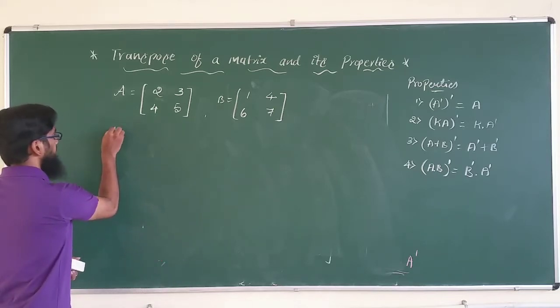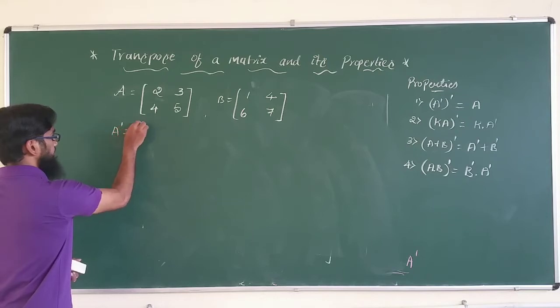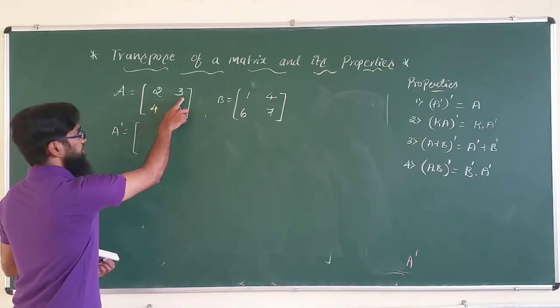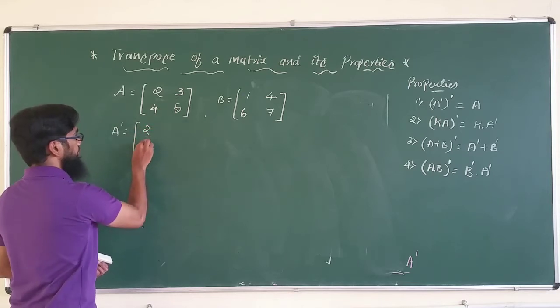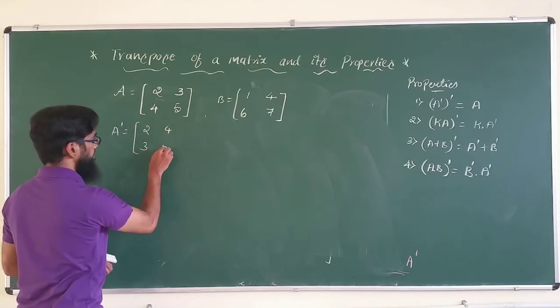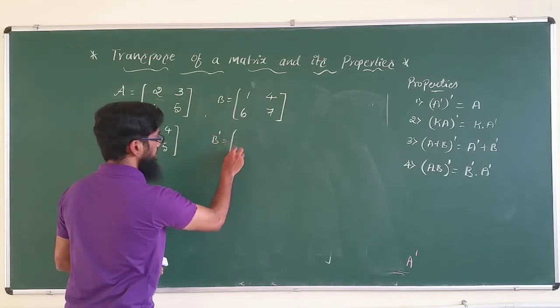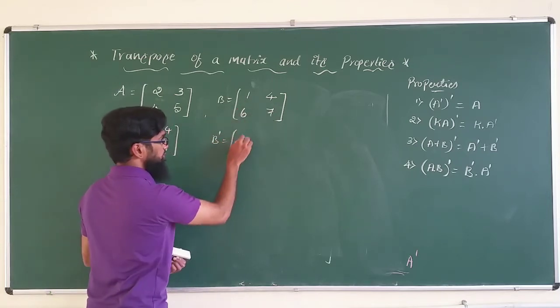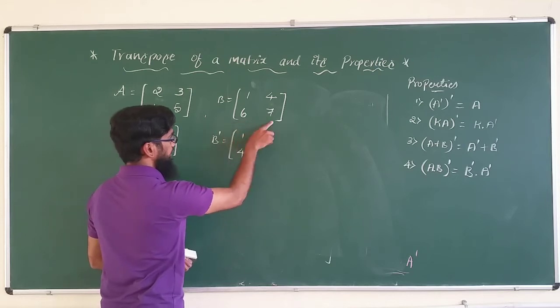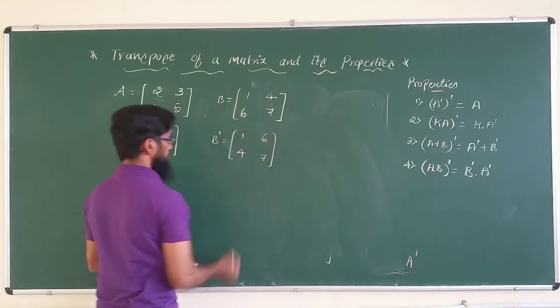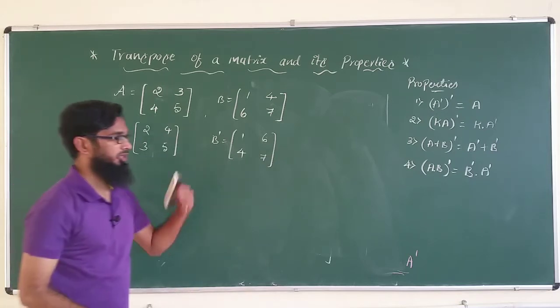First I will consider the A transpose, because this will help later. Just change the rows to columns, and this becomes 2 3 4 5. Now take the B transpose: change the rows to columns, that is 1 4, and the second row to the second column, that is 6 7. Now we have calculated A transpose and B transpose.